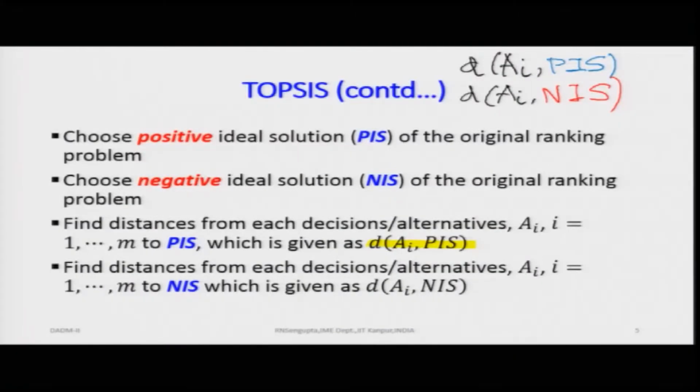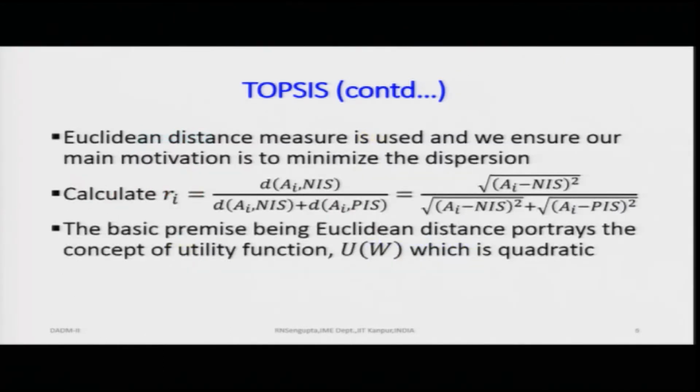So, that is important to note. So, we will find out the distances from each decision alternative similarly. That means, we will find out the distance of Ai with respect to NIS for i equal to 1 to m. Now, we will generally use the Euclidean distance in the Cartesian coordinate, and our main motivation is to basically minimize the dispersion.